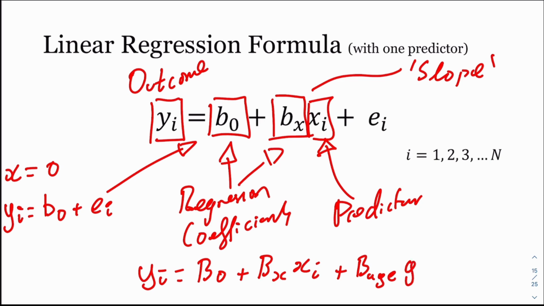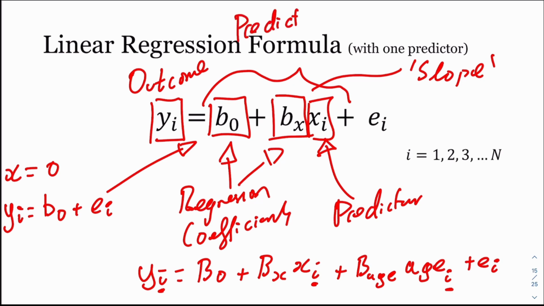And we'd simply multiply that by the variable age. And if you remember from before, these i's in our model simply are referring to the rows of data. Y, x, and age are all lists of numbers, which can be thought of as tables of data with different rows. So this first part of the model is what we use to make predictions about the outcome y. The last part of the model is the error term.